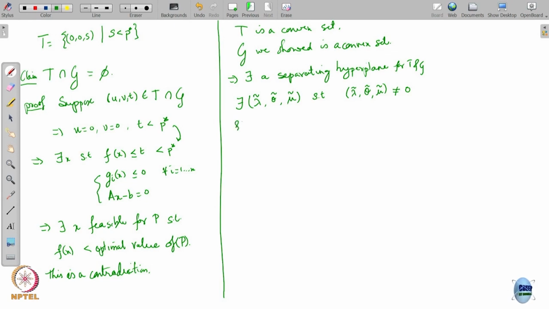And so there is a hyperplane with a non-zero slope such that if I look at the set G and the set T, they lie on either side of the hyperplane.